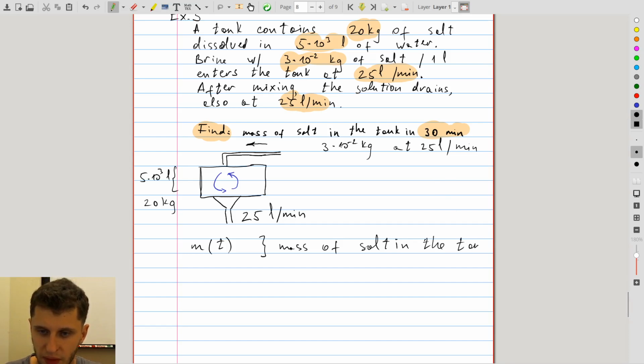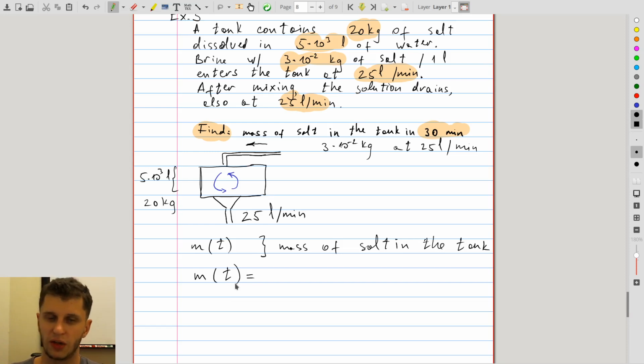Obviously, this function m of t evolves with time. T denotes the time variable. Let us think about what we can say about this quantity, the mass of salt in the tank. What are the factors that impact it?